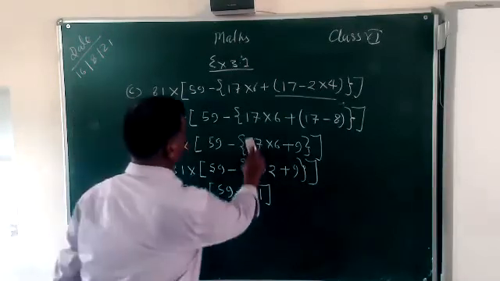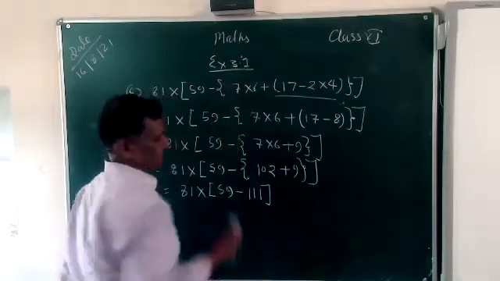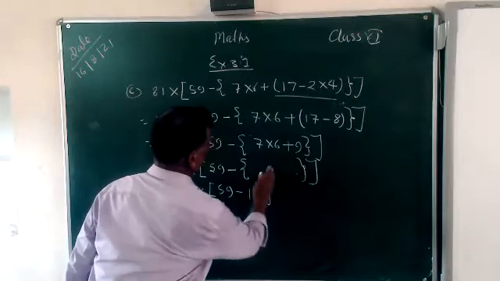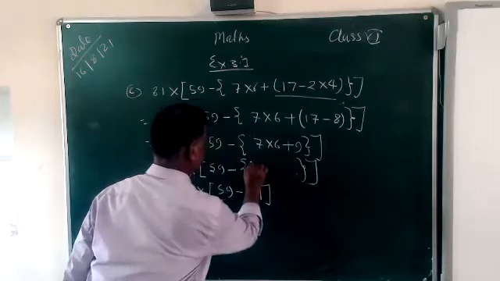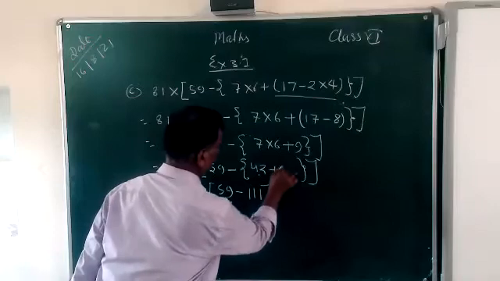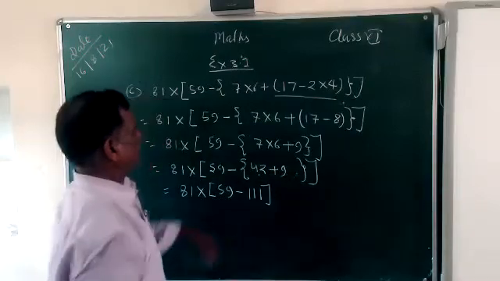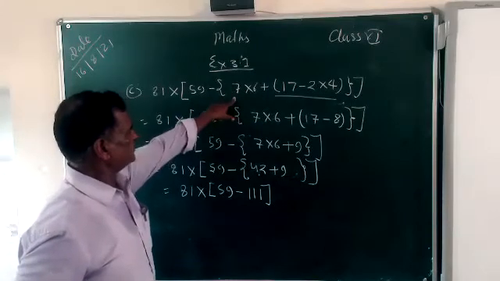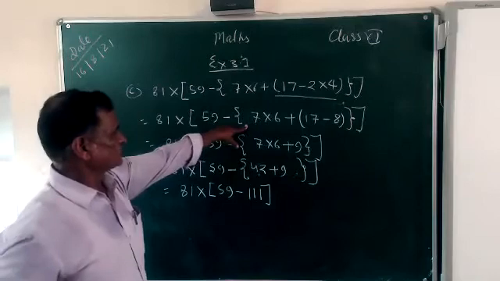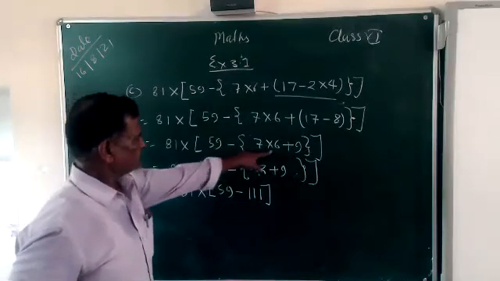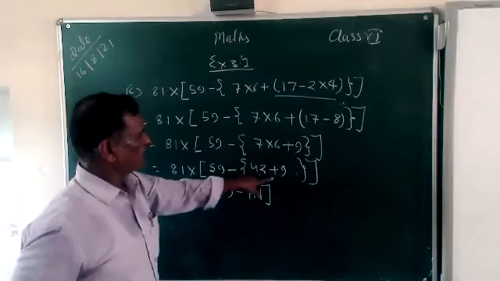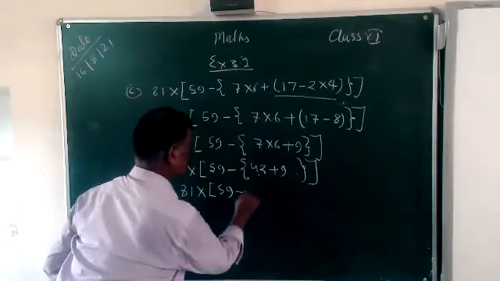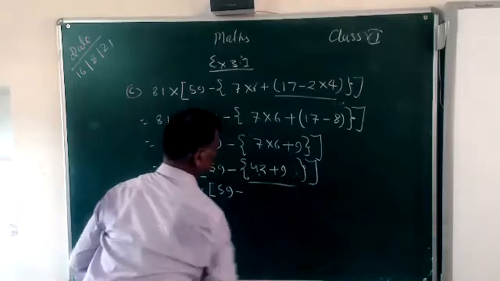Here only 7, not 17, students. See, here is only 7 given. So multiply this. This is 42 plus 9. Here is 7 only. So instead of 7 I have written by mistake 17. Here see 7 and 7 multiplied by 6 is 42 and 9.